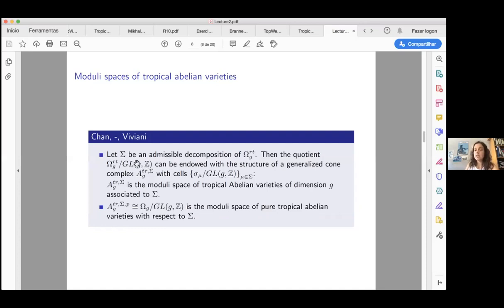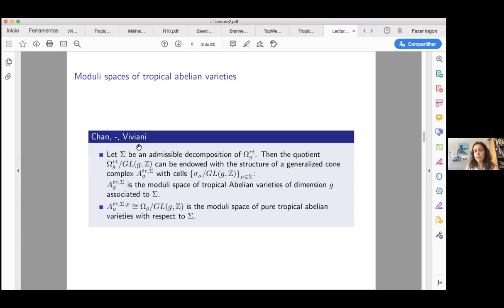So given an admissible decomposition Sigma of Omega_g rational, we can endow the quotient by this action with the structure of a generalized cone complex, where the cells are going to be the quotient of the cones in the collection divided by the action of GL_g(Z). So this was proved in joint work with Melo and Filippo Viviani.